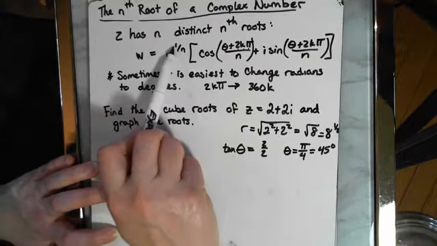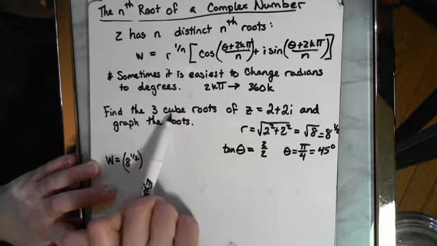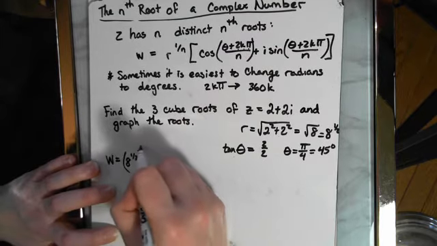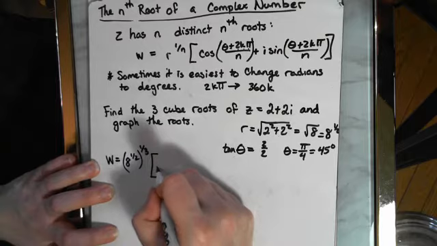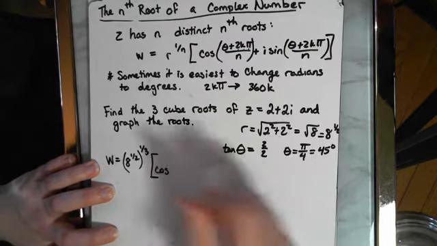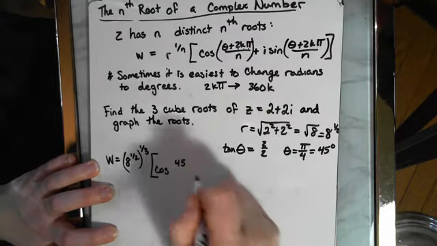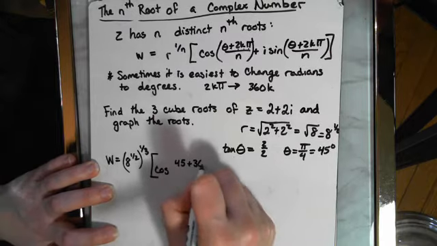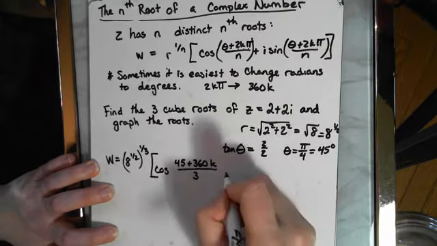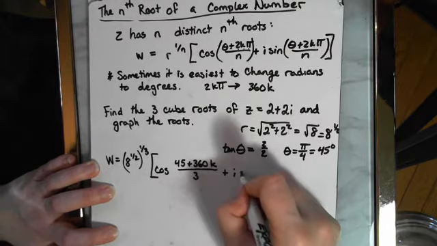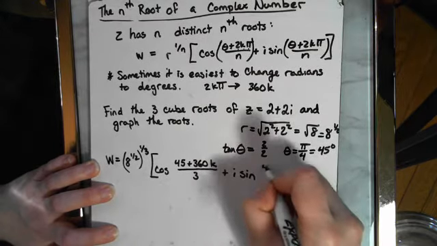Now this should be 1 over 3 because I'm finding cube roots. So 1/3 times the cosine. Now my theta was 45 degrees plus 360k over 3 plus I sine of that fraction as well.